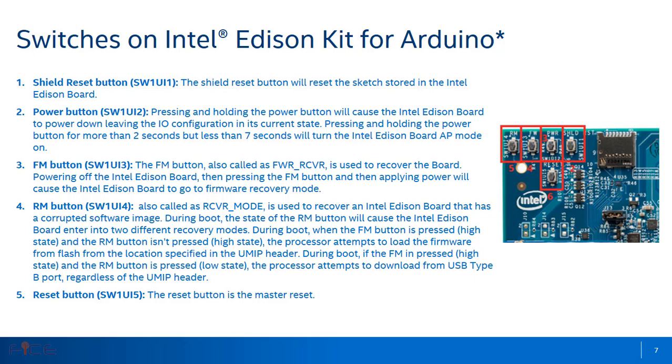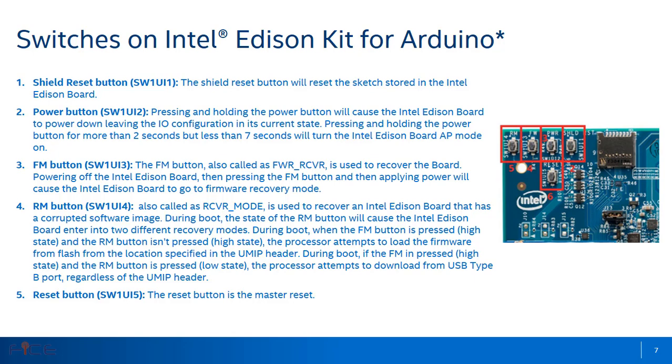The RM button, also called RCVR mode, is used to recover an Intel Edison board that has a corrupted software image. During boot, the state of the RM button will cause the Intel Edison board to enter two different recovery modes.